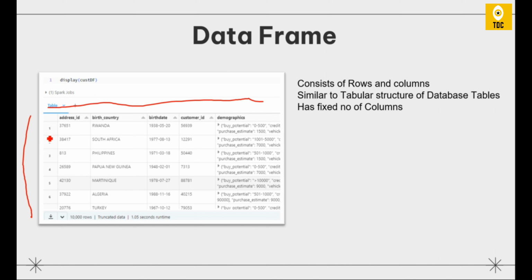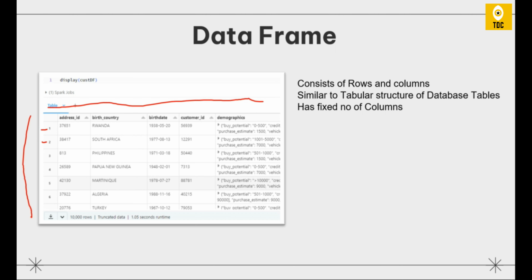That means it is not like the first row has 10 columns and the second row has 11 columns. Each and every row has a fixed number of columns. This is very similar to database tables, which have rows and columns in a tabular structure in database systems.